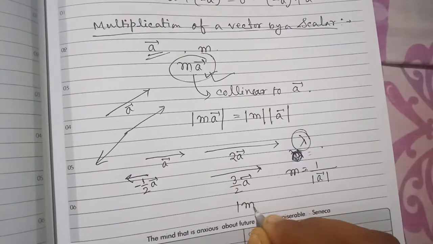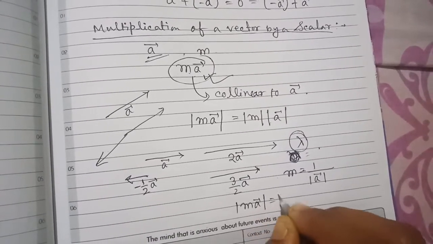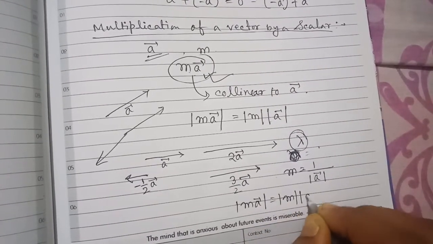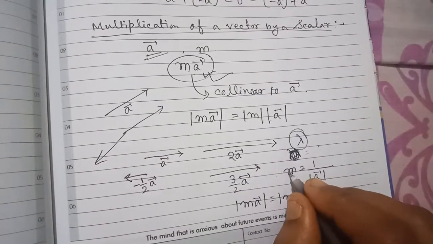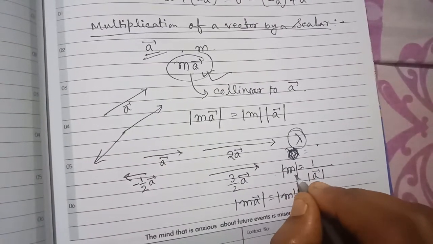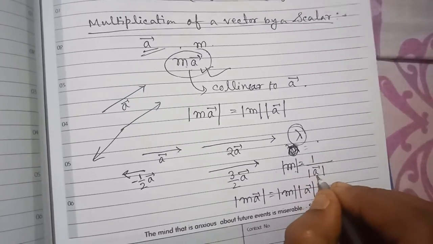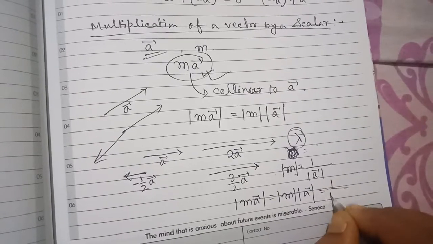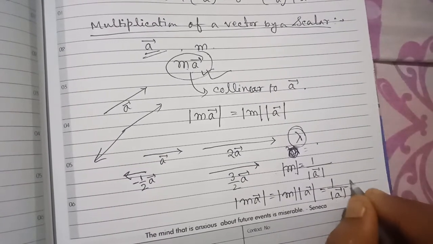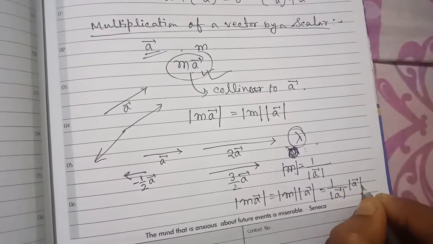Then we can write m A vector, its magnitude is mod m times mod A vector. Mod m we are taking as 1 by mod of A vector, so it's mod of 1 by mod A vector into mod of A vector.